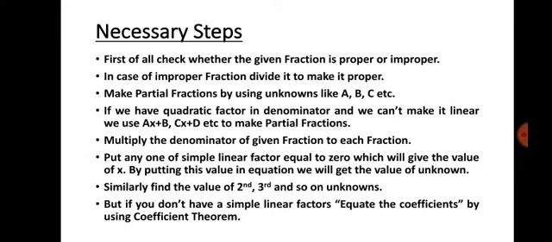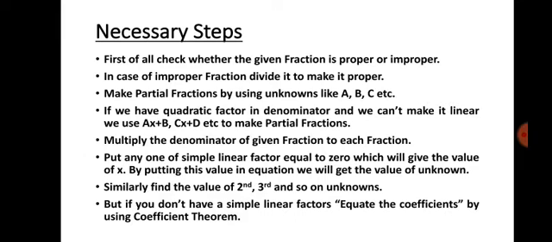When you make your fraction a proper fraction, then we make partial fractions by using unknowns like A, B, C, etc. But this will be only in the case of linear factors in denominator.